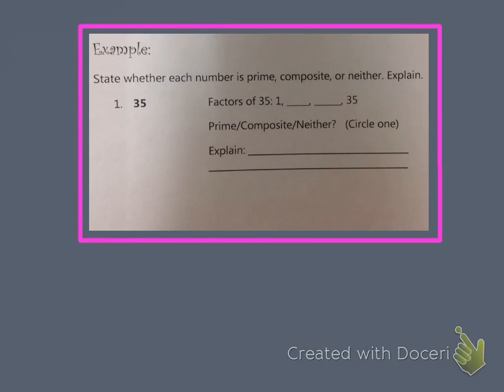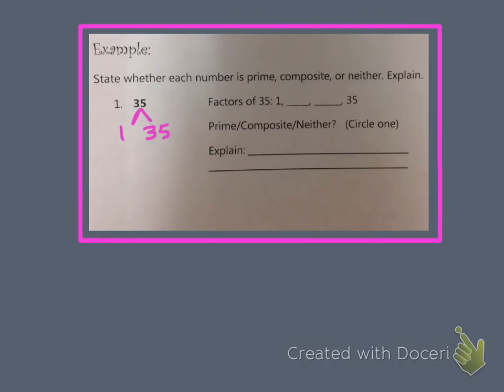Let's do an example. State whether each number is prime, composite, or neither, and then we're going to explain. So we have this number 35. We know automatically that 1 and 35 are factors, because if it's prime, it's going to have a factor of 1 and itself.